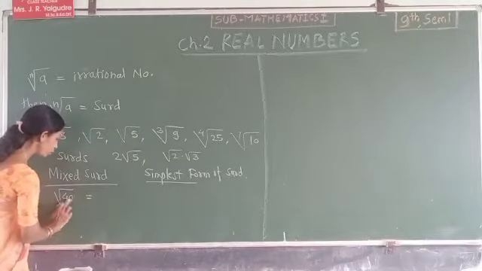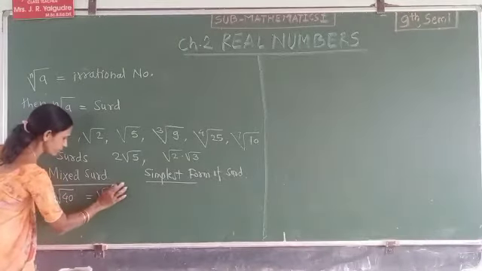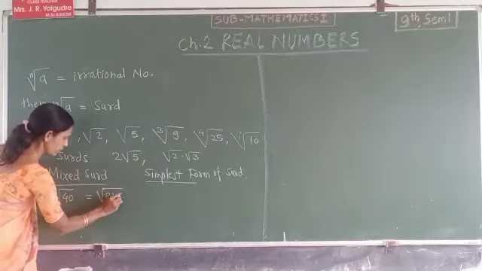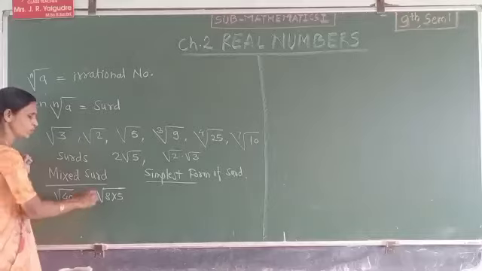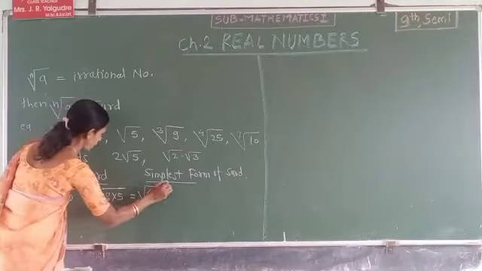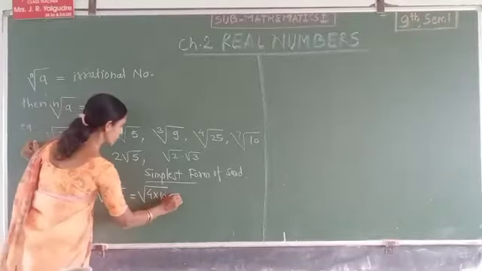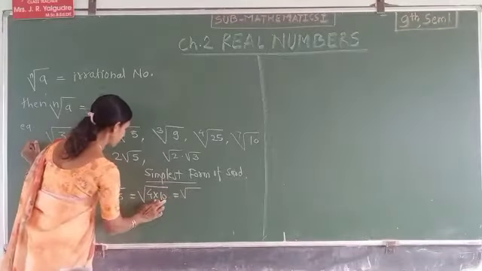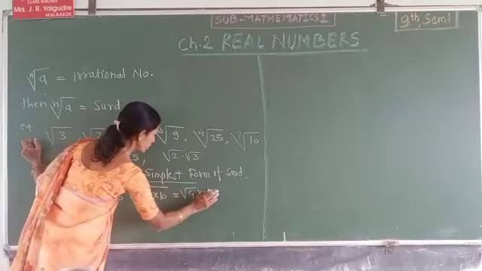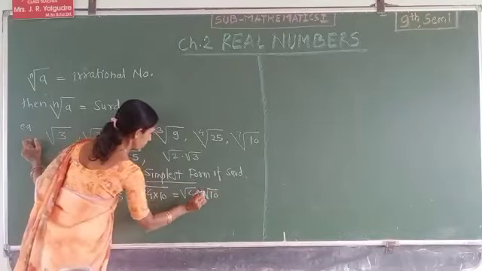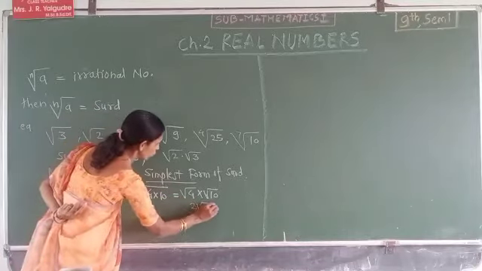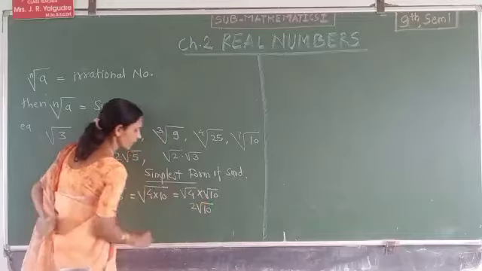Here root 40 means 8 into 5, as well as 4 into 10. Therefore this can be written as root 4 into root 10, and root 4 means 2, so we get 2 root 10.